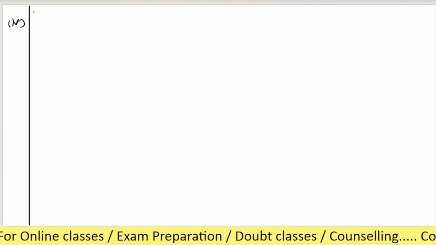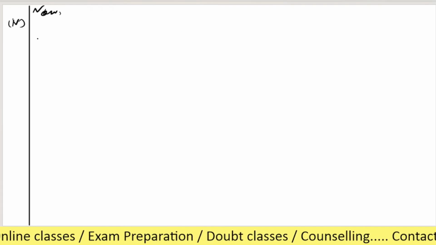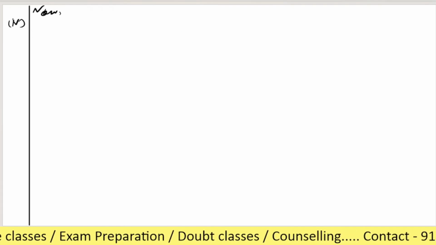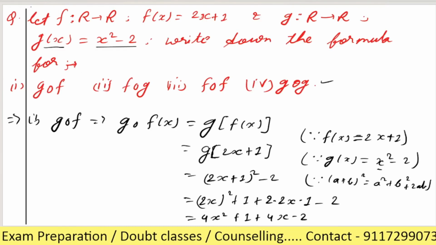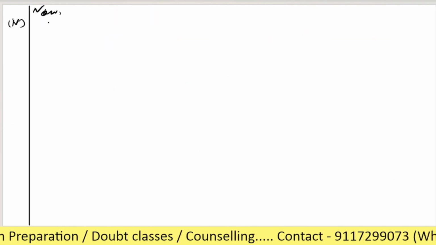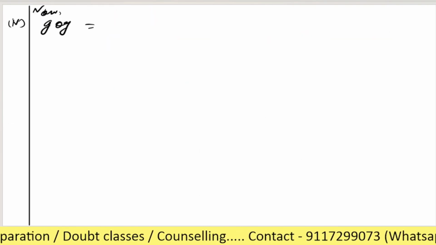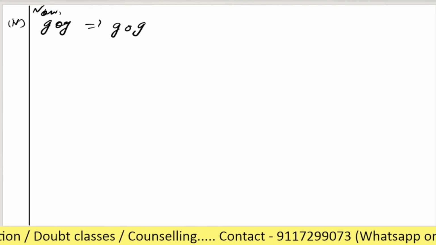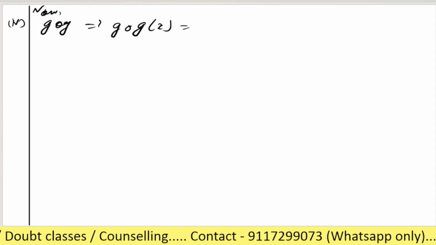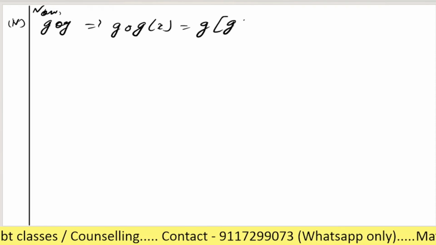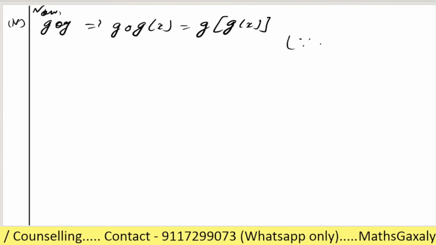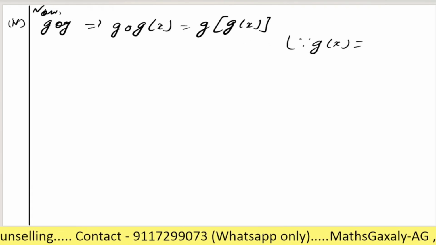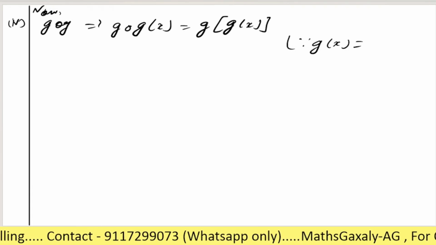Fourth one. Okay, now for fourth one, we have to find gog, है ना? Now we have to find gog. Okay, so gog, that is we can say that g of function gx, which can be written as g of function gx, and since it is given that gx is equal to, what is gx?